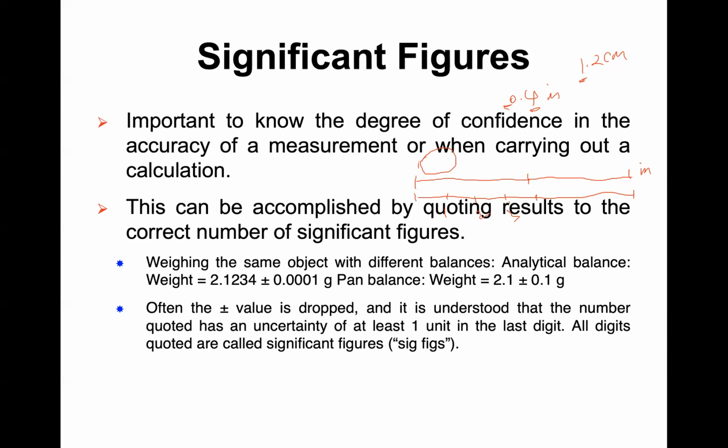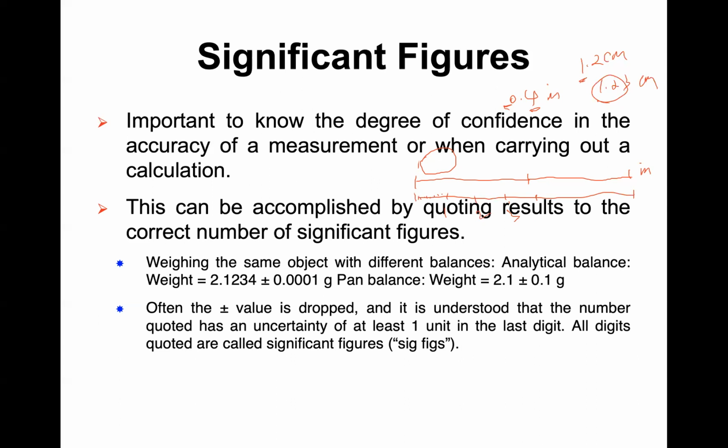But if you have finer divisions, using millimeters, then you can make a further measurement, for example 1.23 centimeters. Then these two digits are accurate. So you can see that the more digits you have, the more confident you are about the numbers.